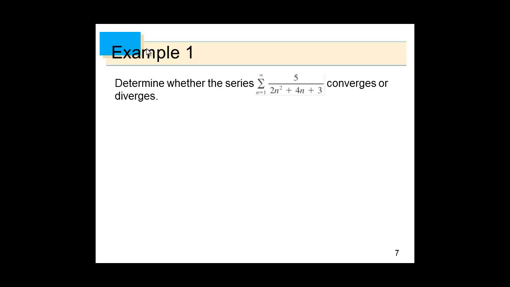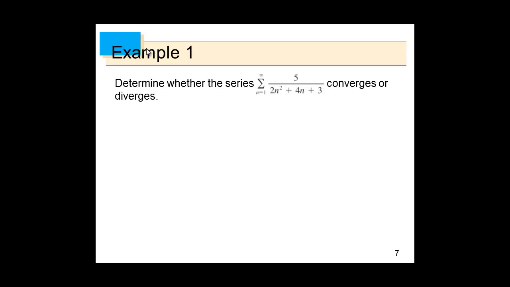So if I want to use the comparison test, what should I do? I need to find a convergent series, and I have to show that every term of my series is smaller than the corresponding term of the convergent series. Am I making sense?